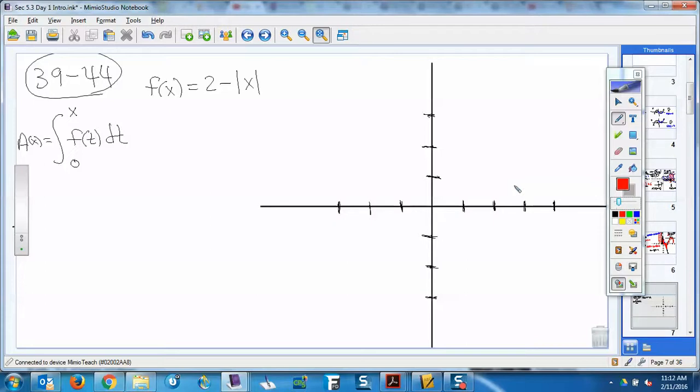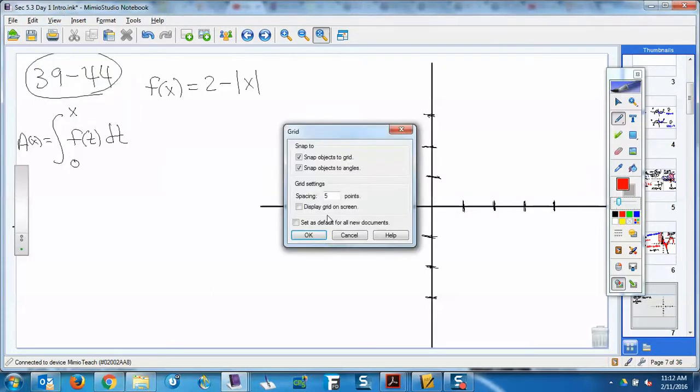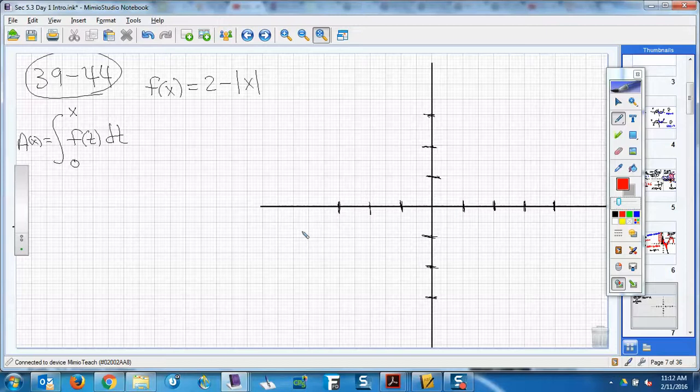39 through 44. All right, so again, similar scenario.